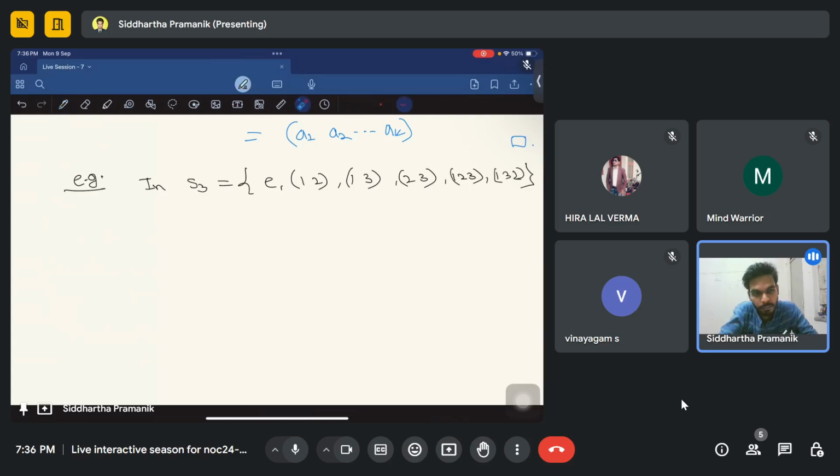So here which elements are conjugate? The identity is conjugate only to itself.